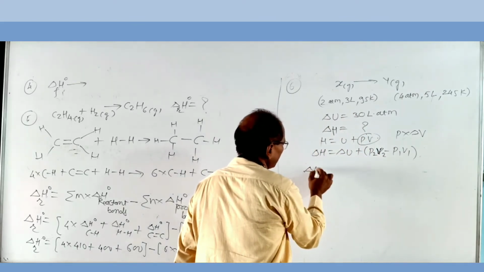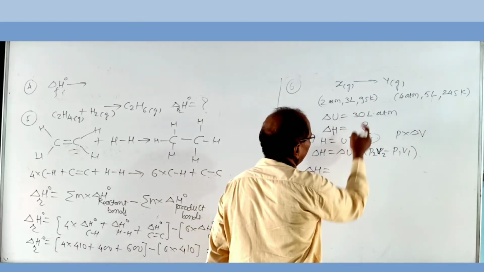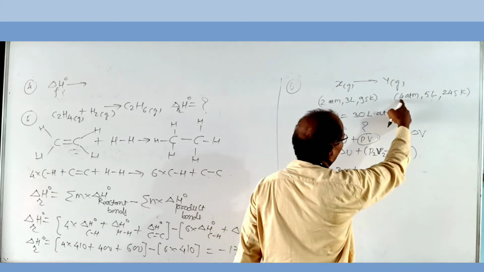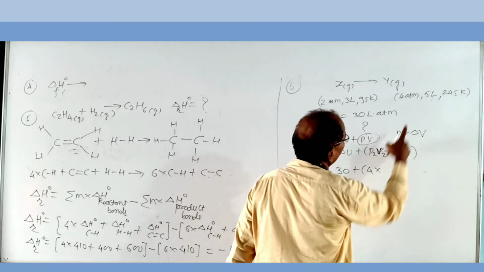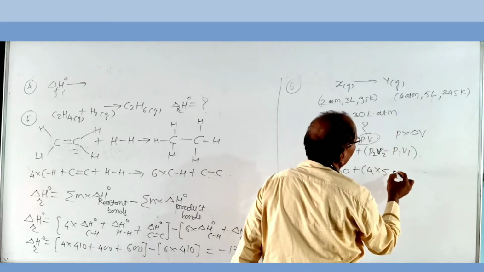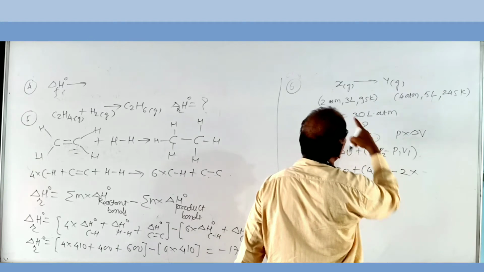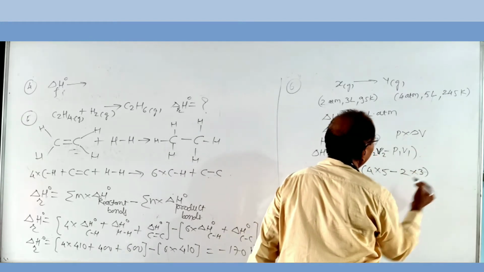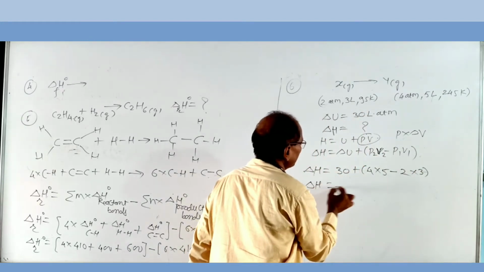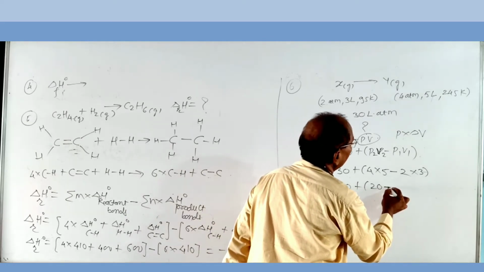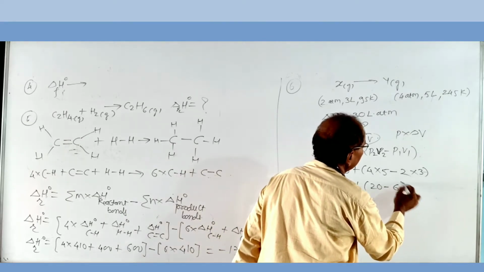Put the values. Delta H is equal to delta U 30 plus P2, which is 4, into V2, which is 5, minus P1, which is 2, into V1, which is 3. Then delta H is equal to 30 plus 20 minus 6.